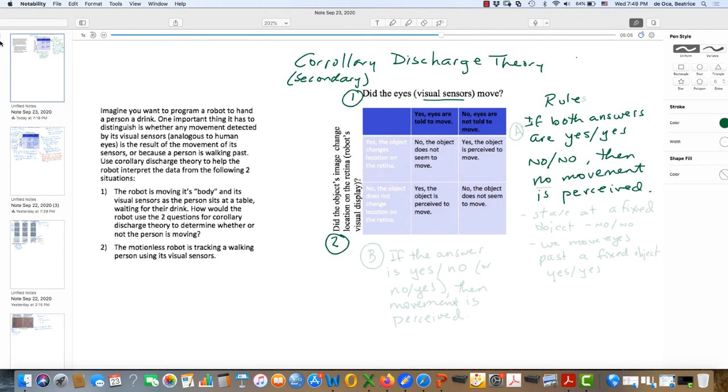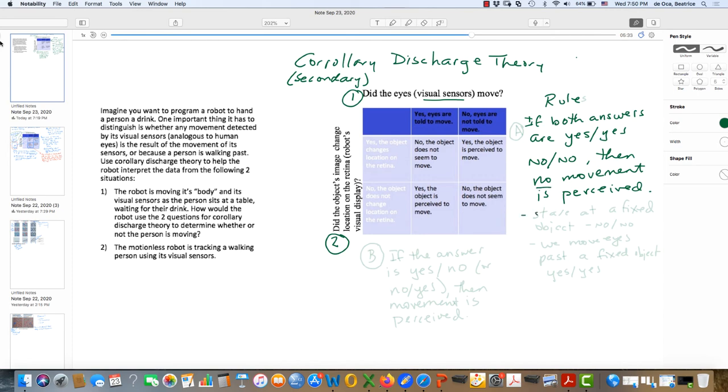Does the image of the pen move along my retina? It actually does, because my retina is getting a different image as my eyes move. The relative location of this pen on the retina is going to change. So if I'm just moving my eyes while I look at a still object, I'm going to get two yeses. And in both those cases, no movement will be perceived.